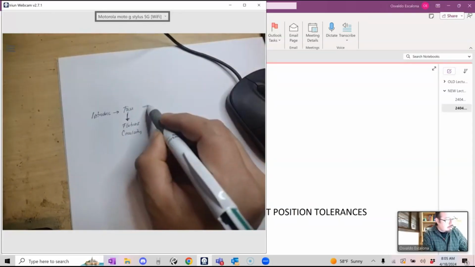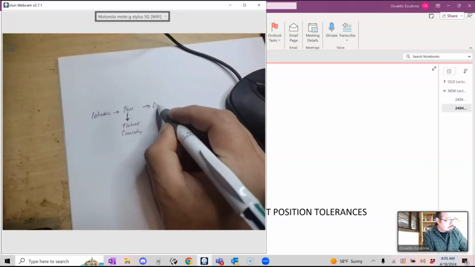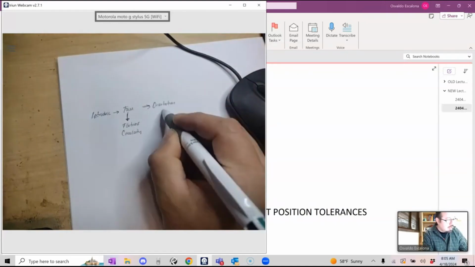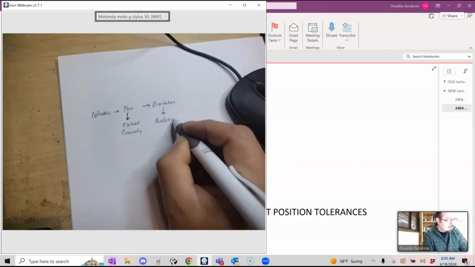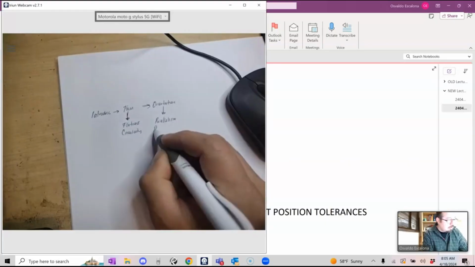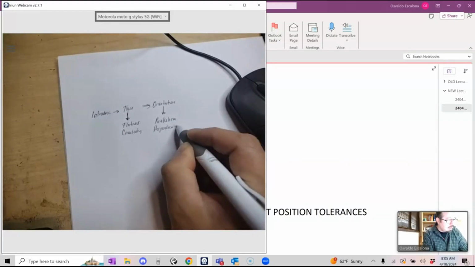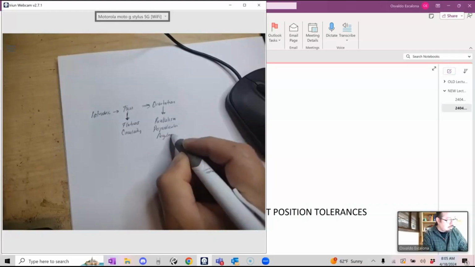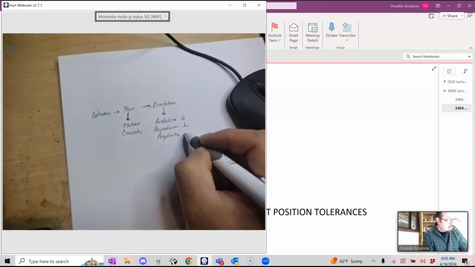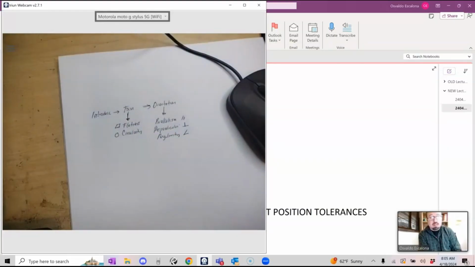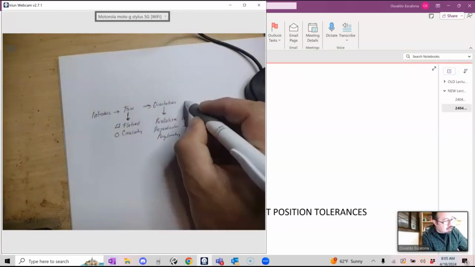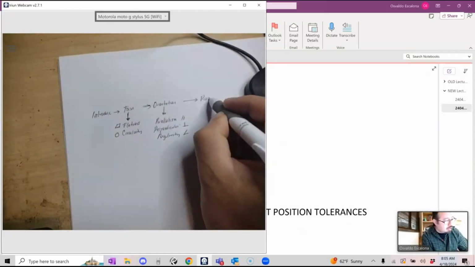Right after form, we introduced you to orientation. Orientation was parallelism. We also talked a little bit about perpendicularity as well as angularity. Parallelism, perpendicularity, angularity, flatness, and circularity. Now we are moving away from orientation, and we are going to start looking into position.